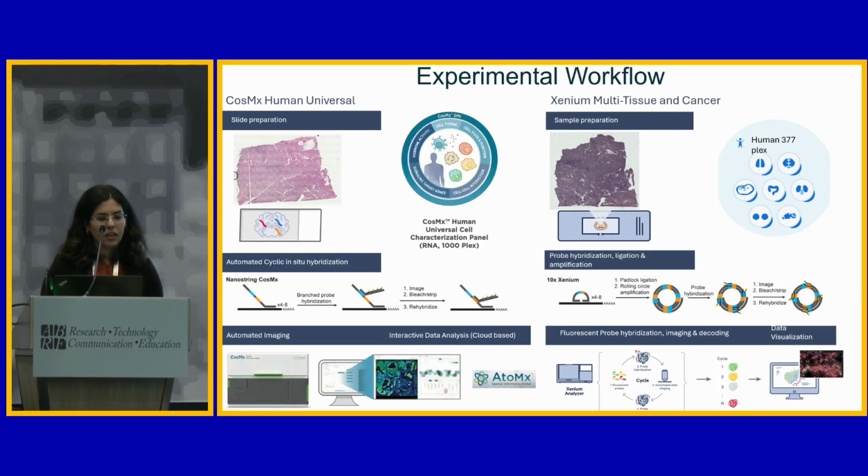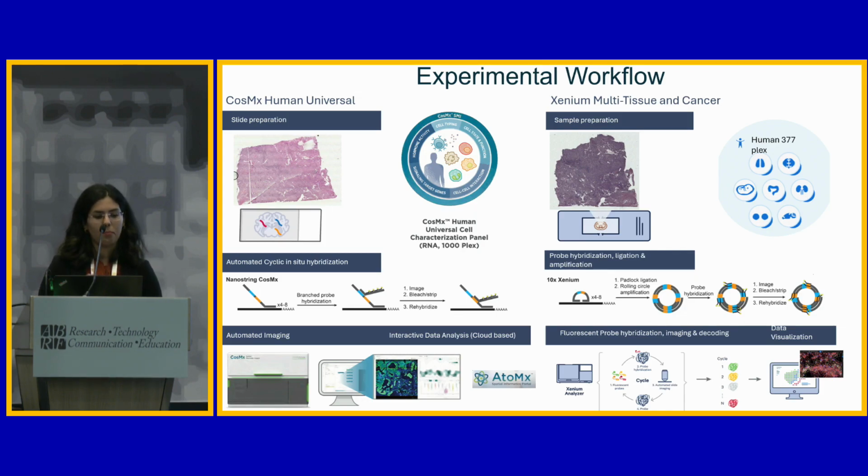So for today's talk, we had kidney samples from renal cell carcinoma, and we used Cosmics 1000-plex platform, and also the Xenium multi-tissue and cancer platform, which contains 377 genes. And we ran these kidney samples that were sequentially cut and run them through them, and we wanted to see the performance of them and how they differ.